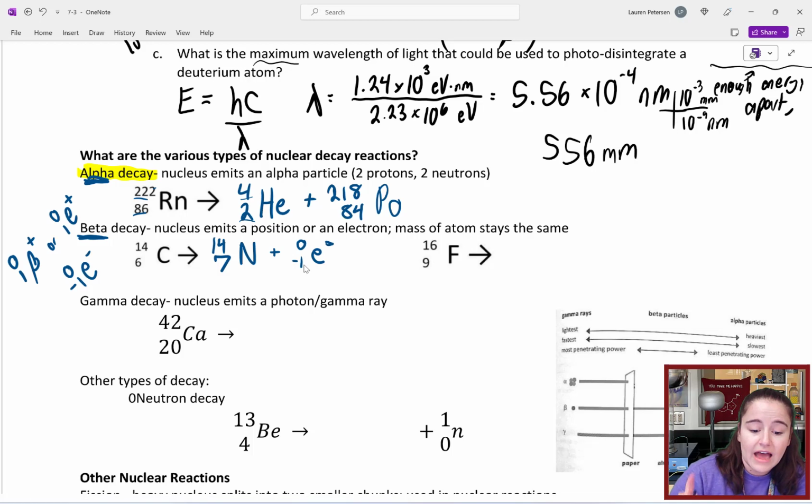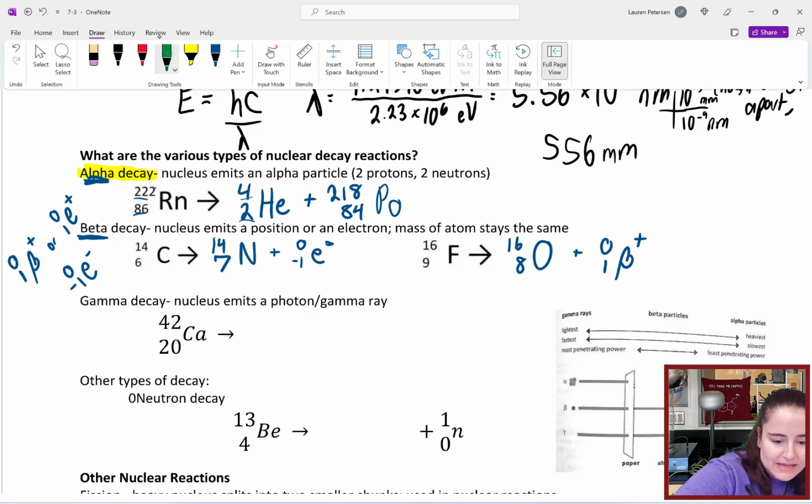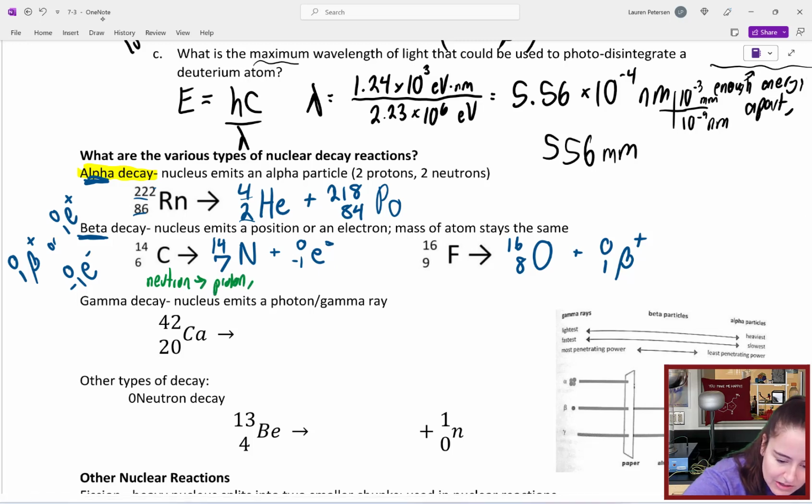Okay. Now, fluorine actually does the opposite. Okay. Fluorine is one where a proton changes to a neutron. So we'll have the 8,16, number 8 is oxygen, and the positron. Okay. So those are the 2 types of beta decay. Okay, we have a neutron changing to a proton by releasing an electron.